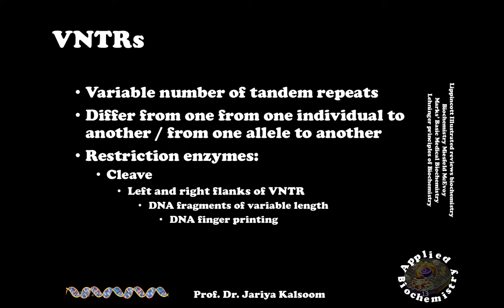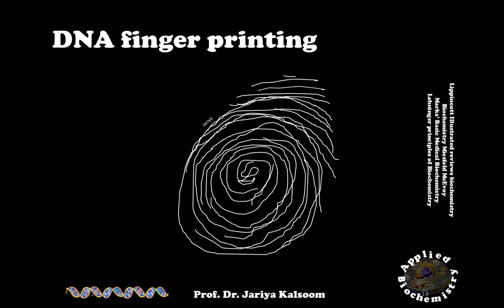The length depends on the number of repeats that the DNA contains. The fragments produced by various restriction enzymes from a number of different loci can be used to identify individuals with the accuracy of a fingerprint. Therefore, a technique called DNA fingerprinting is used to determine parentage or other genetic relationship, or to implicate suspects in criminal cases.